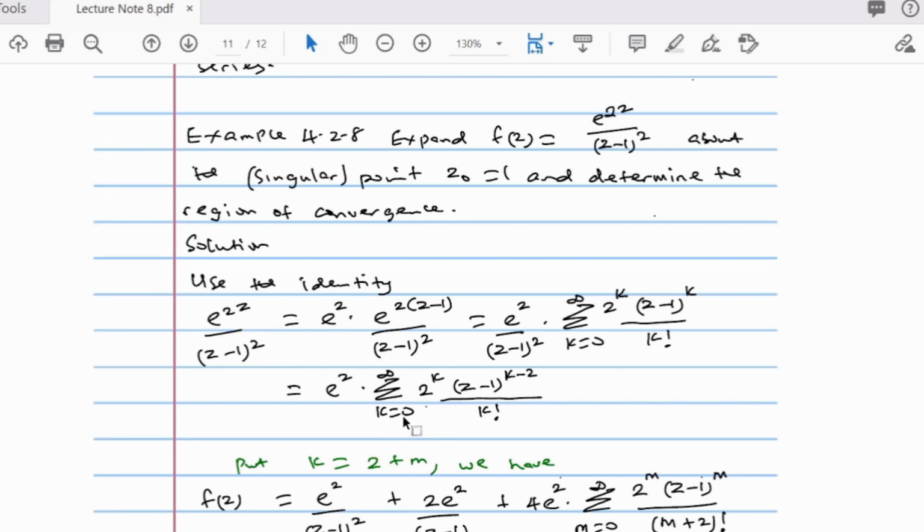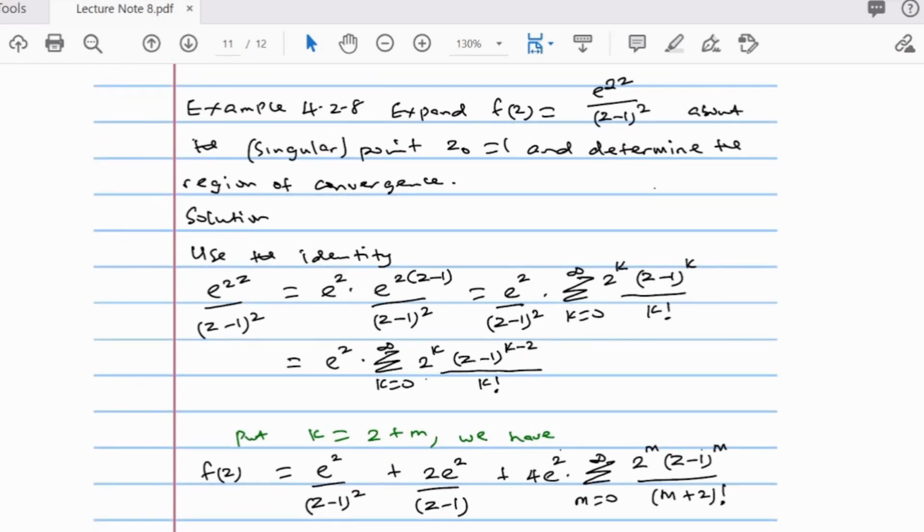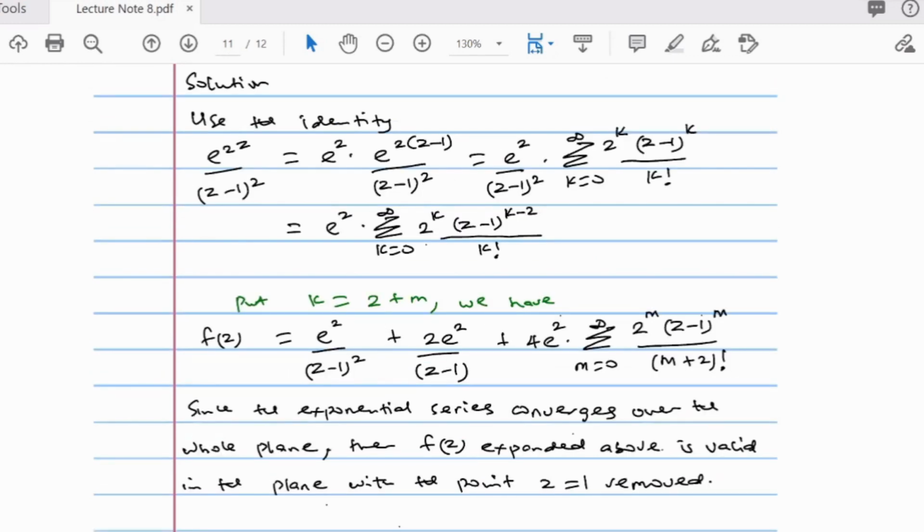If your k is equal to 0 and 1, you will be getting the negative powers of z minus 1. So if you stop here, it's fine. This is the Laurent expansion of f of z. But if you go further, it's okay, so that you can make us see what you are doing. A case in which k is equal to 0, you have this.